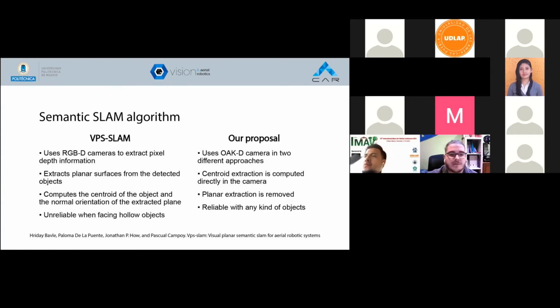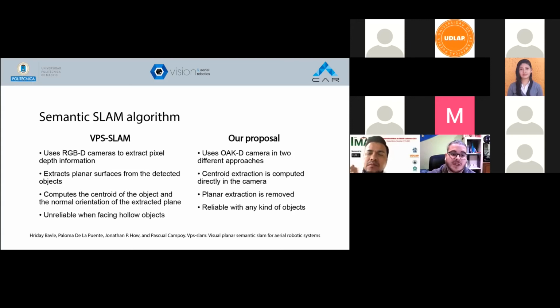To take advantage of the camera's capabilities, our intention was to use a visual planar semantic SLAM algorithm proposed by Rida with some modifications. This algorithm is a graph SLAM based algorithm that uses an RGBD camera to extract depth pixel information, and from this data, it extracts flat surfaces of the objects.